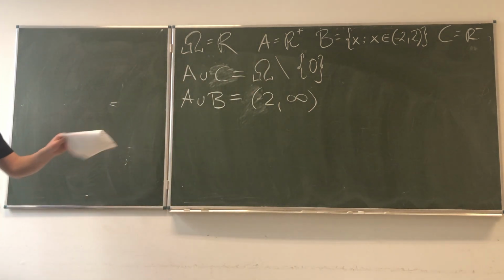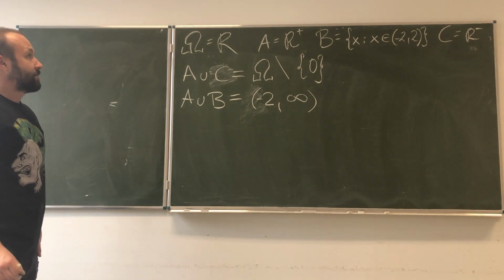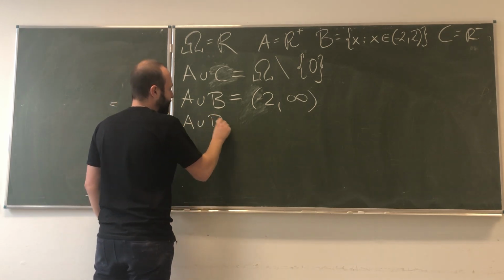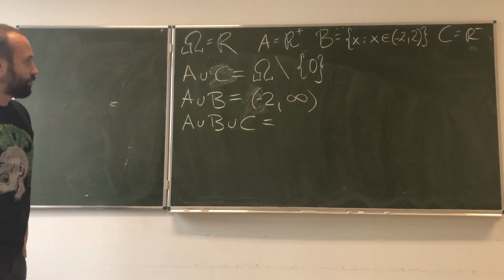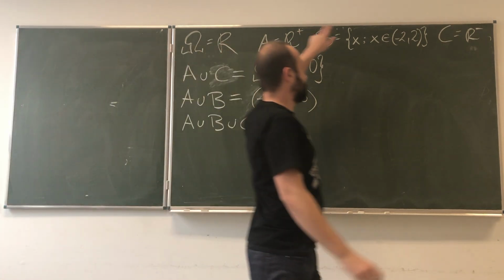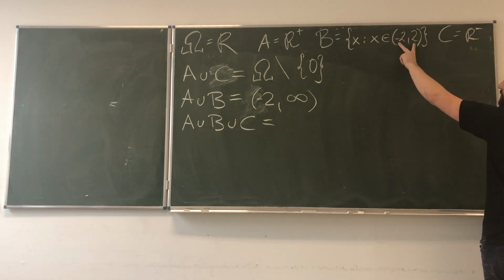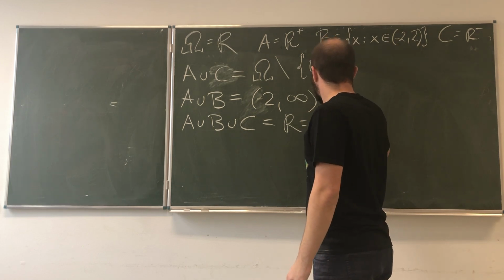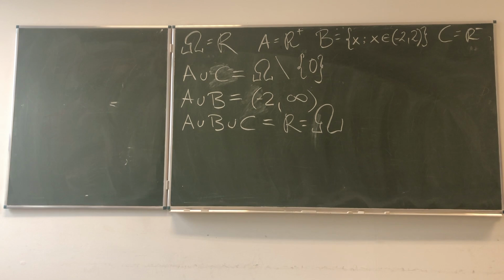And now if I have A union B union C, what will I have? Positive real numbers, negative real numbers, and between -2 and 2, we've got 0. So I can write real numbers, or I can write the universe.